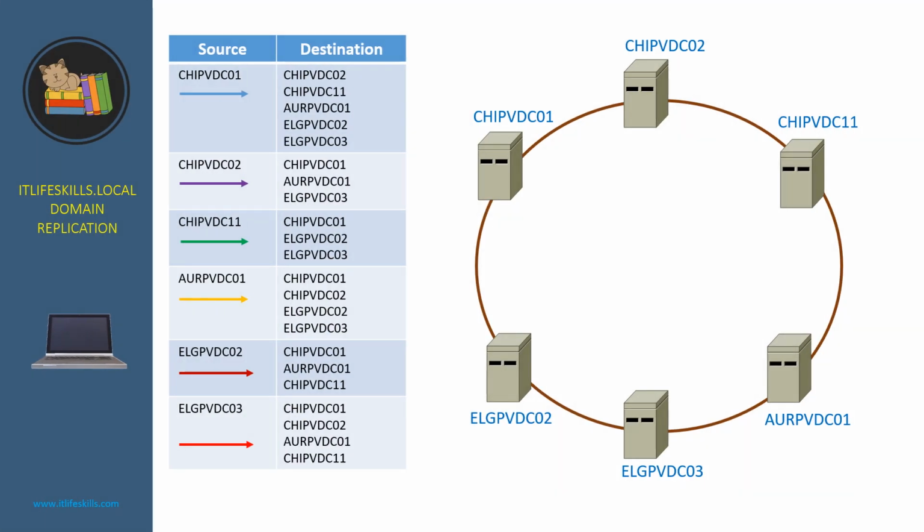From the script, we can document the replication relationship between the source and the destination domain controllers in the AD forest as in this table.